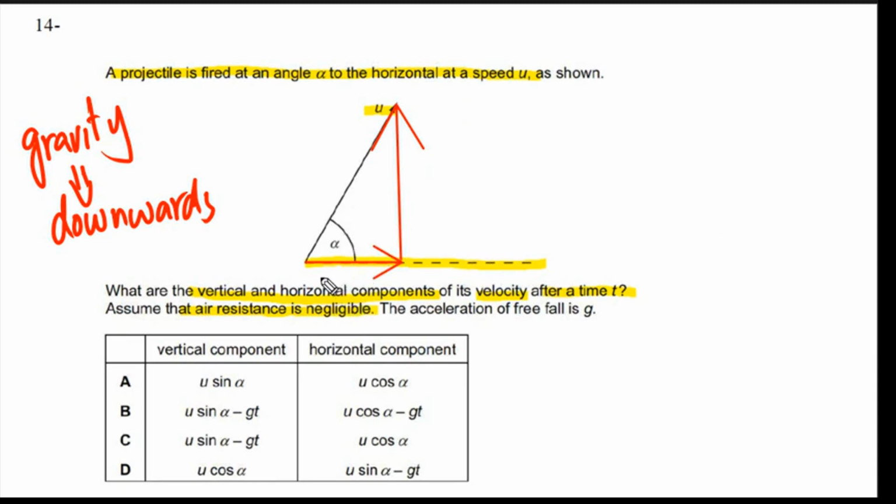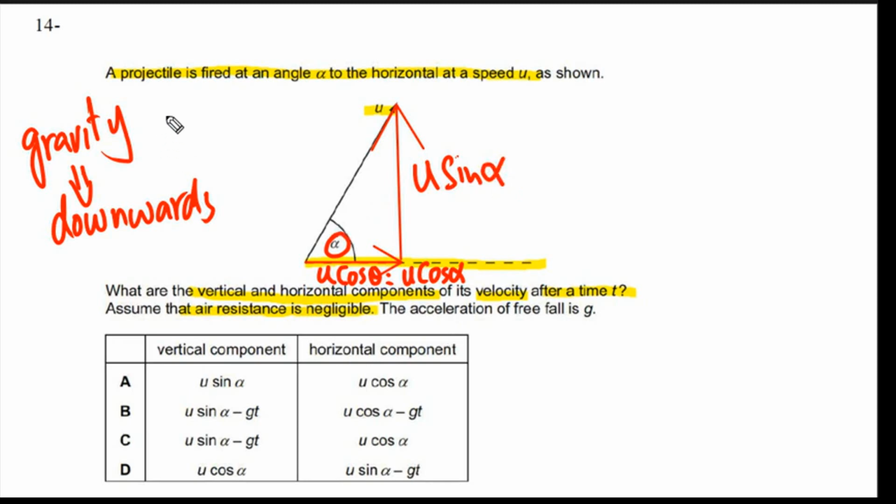The horizontal component of initial velocity will be u cosine of the given angle. In this case, the angle is alpha, so that is u cosine of alpha. And the vertical component of initial velocity will be u sine of the given angle, because this is opposite to this angle, that's the reason it is sine. So this is u sine of alpha.